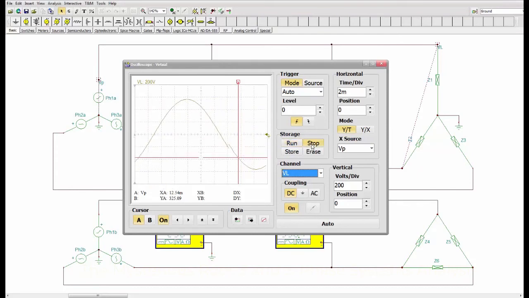Let's hit stop, let's grab that cursor, move over to the peak for the line voltage, and you can see another familiar figure here, 563 and a bit volts for the peak line voltage. Okay, and then you can divide that by √2 and you should get around about 400 volts RMS for the line voltage.